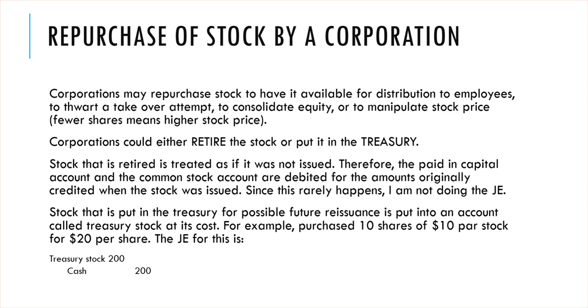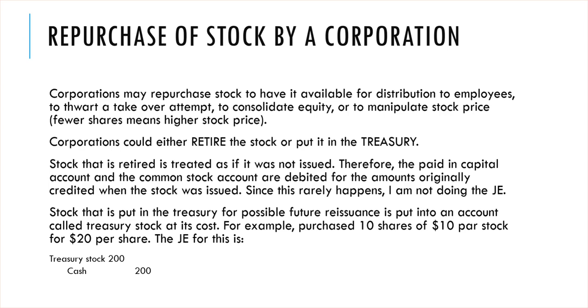Corporations could either retire the stock or put it in the treasury. If you retire stock, you're basically doing a journal entry that's the opposite of when it was issued. I'm not going to have you do the journal entry, but you would think about it this way. You are crediting cash, debiting common stock, and debiting paid in capital common stock.